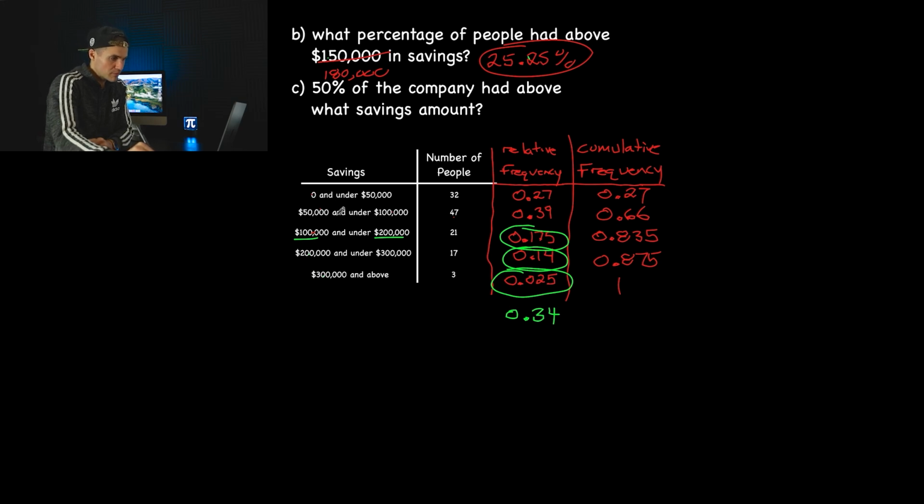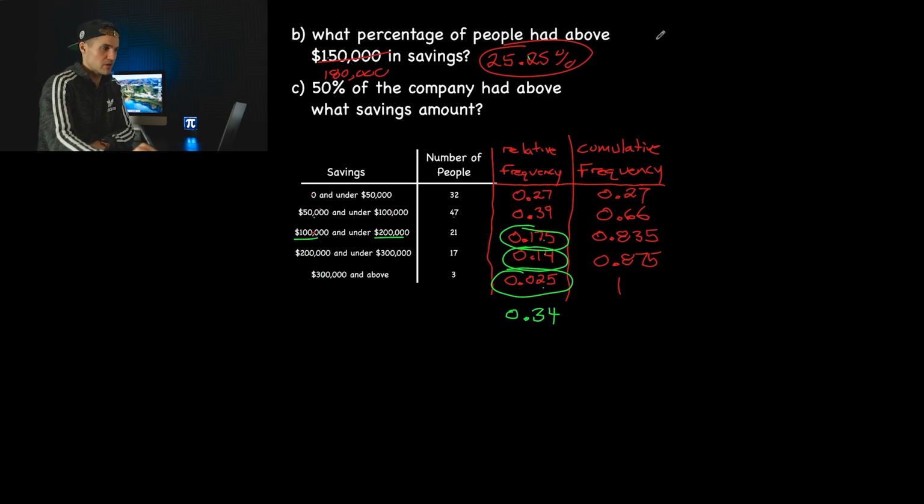And so we know that the amount is going to be somewhere between 50 and 100. We just have to figure out where that is. If these three circled are 0.34, and we're trying to get to 0.5, how much more do we need? We need 0.16 more out of the 0.39.